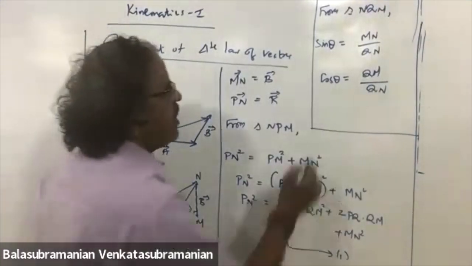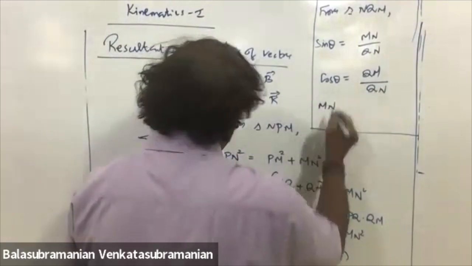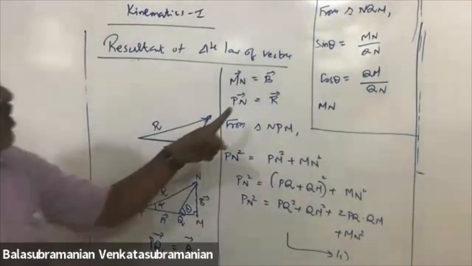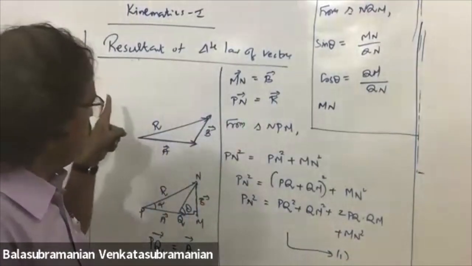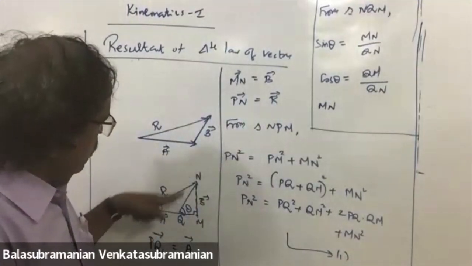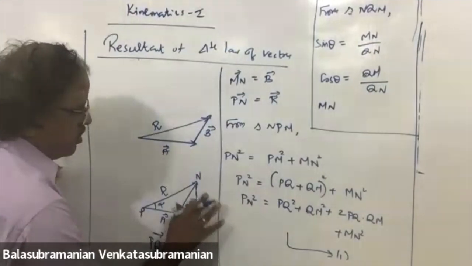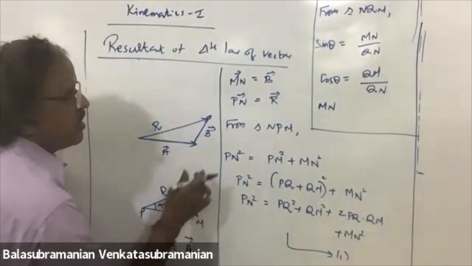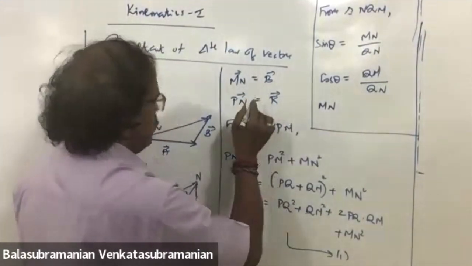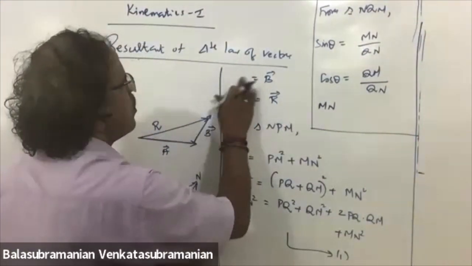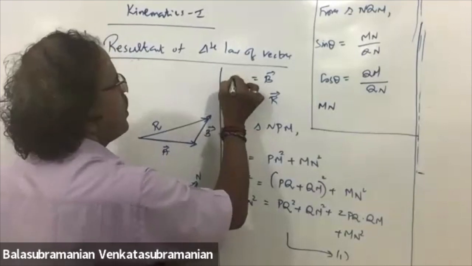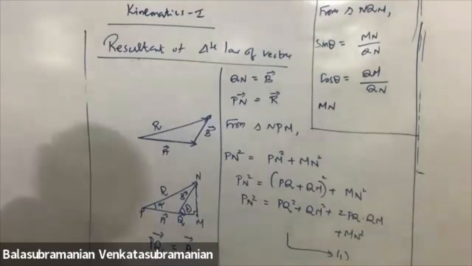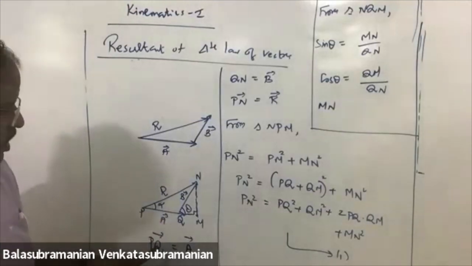So, MN is equal to, what is QN here? QN is B vector. PQ is called A vector.